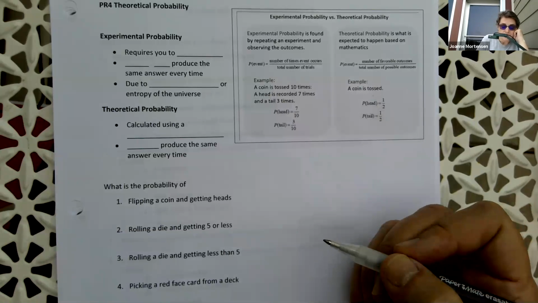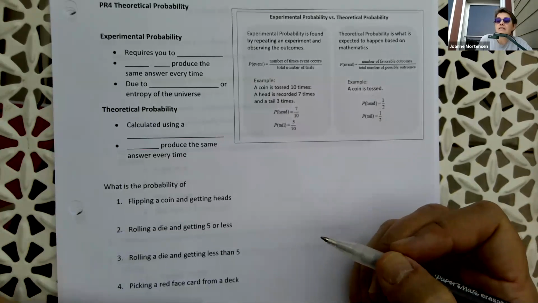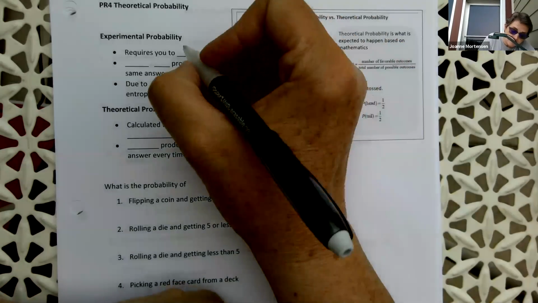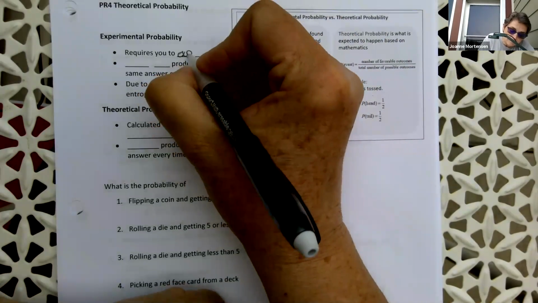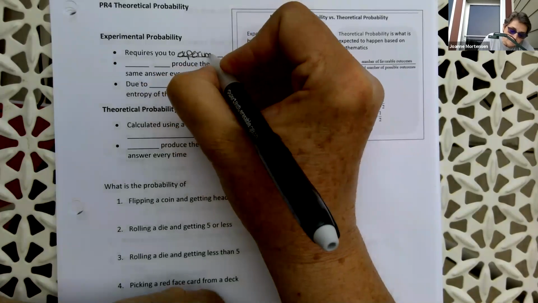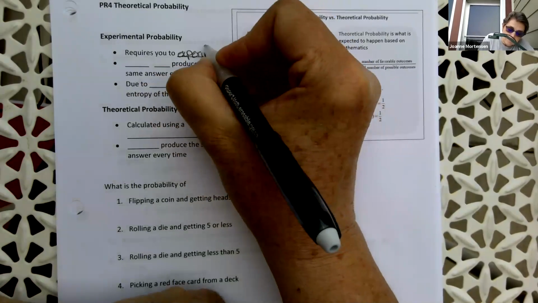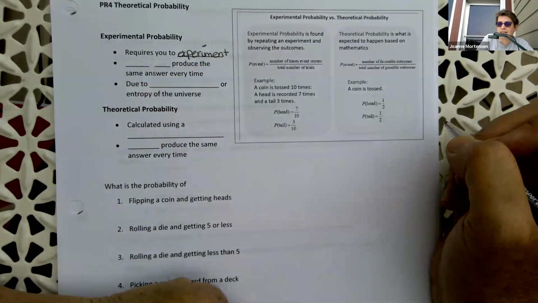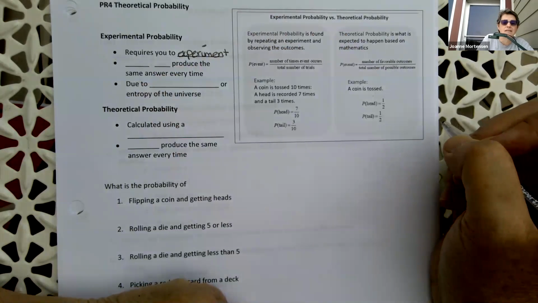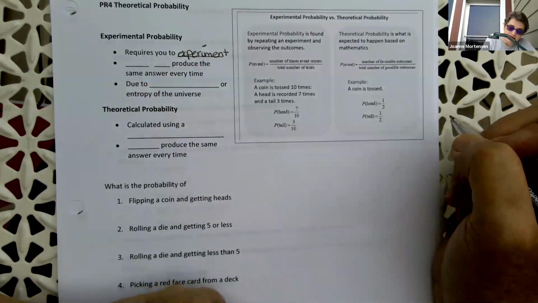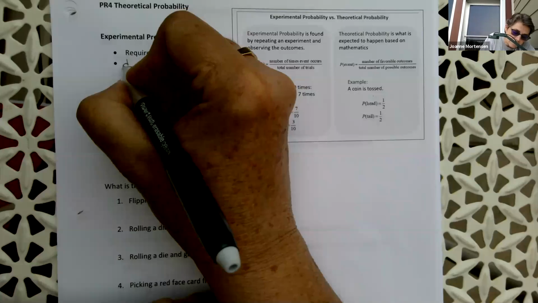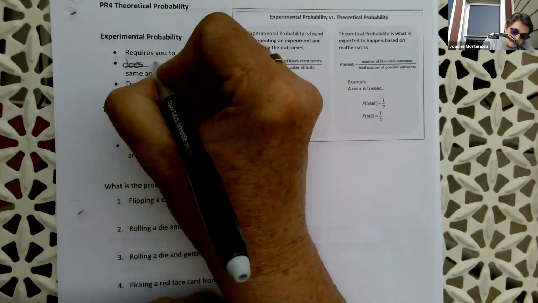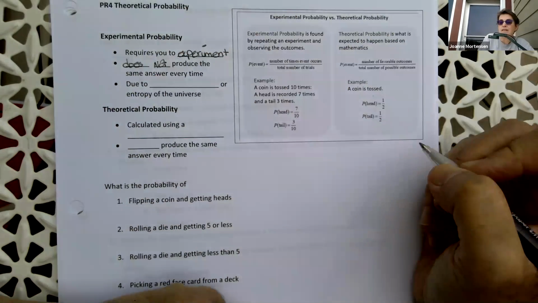But for experimental probability, guess what you need to do? You need to do an experiment. That sounds really exciting, but that experiment can be as simple as rolling a dice or tossing a coin. The problem with experimental probability is it does not produce the same answer every time.